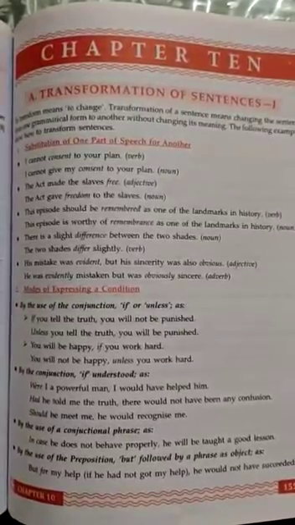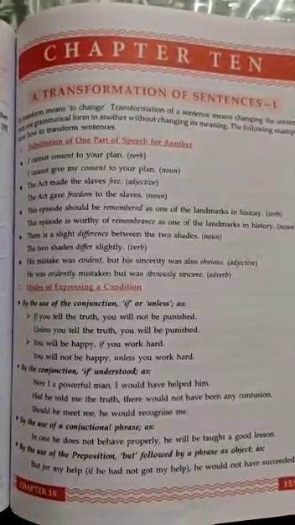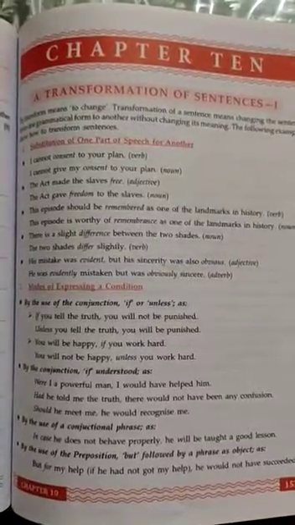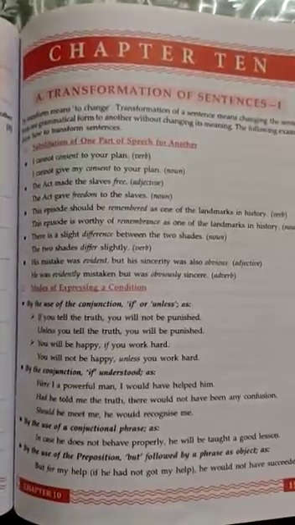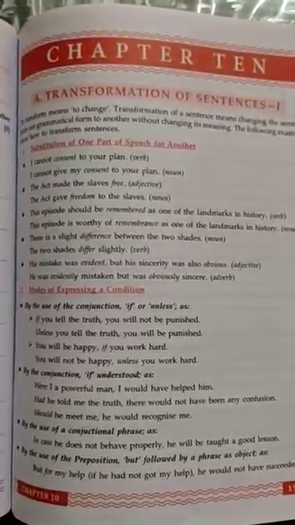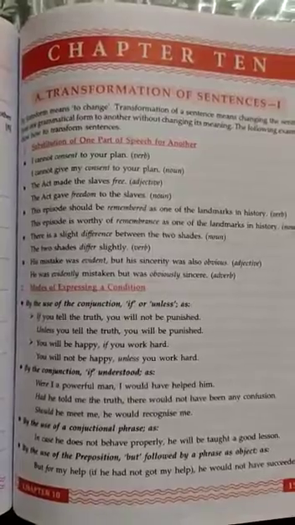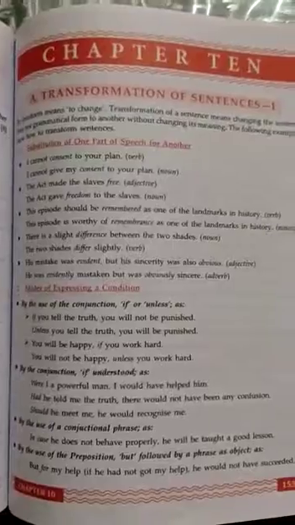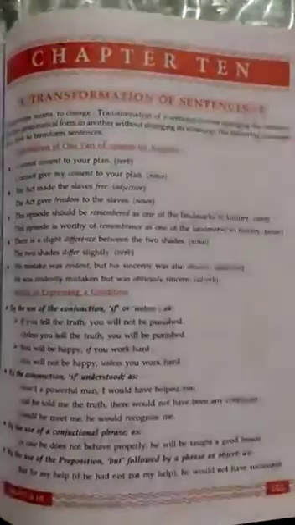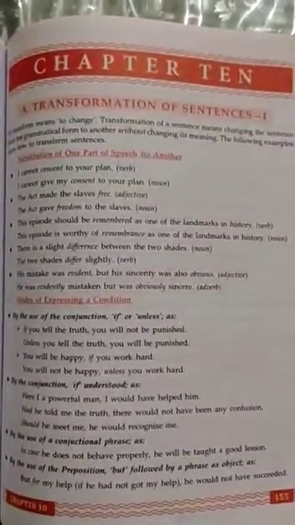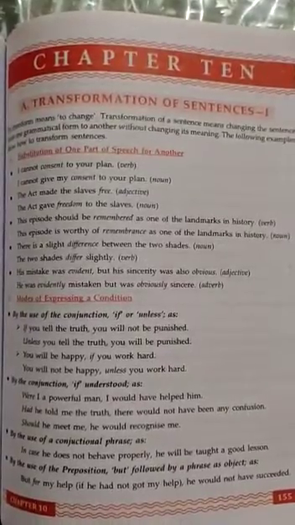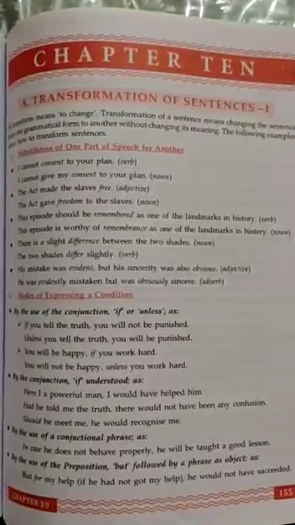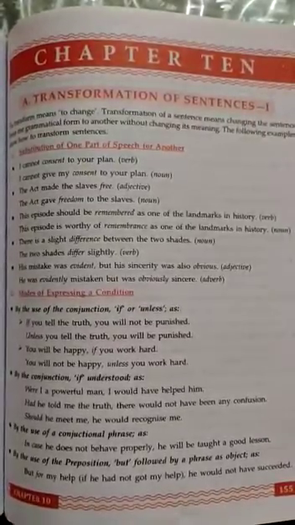If you tell the truth, you will not be punished. Sentences like these have been coming in the examination where we are asked to begin with, or join the sentences. So in the same meaning we are going to say in a different form, unless you tell the truth, you will be punished.